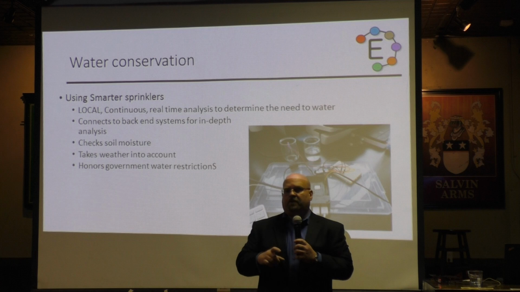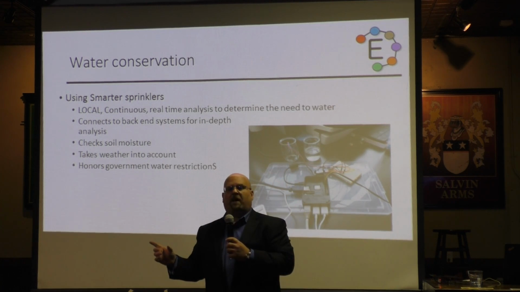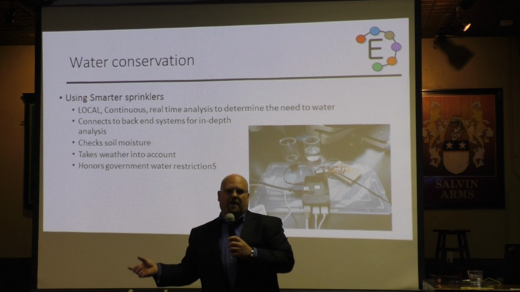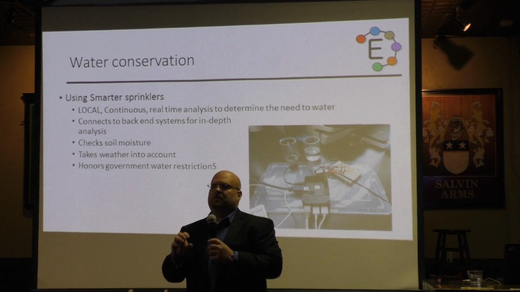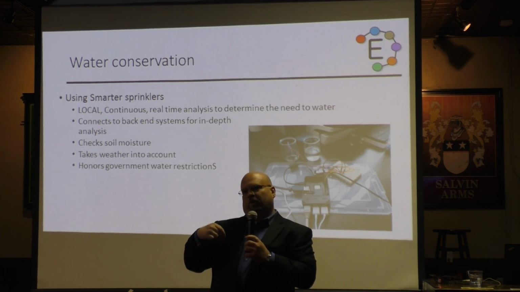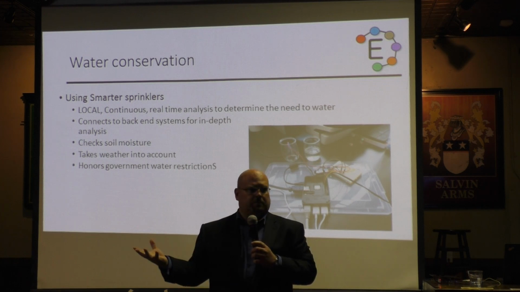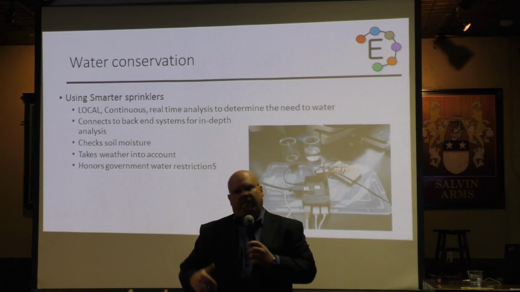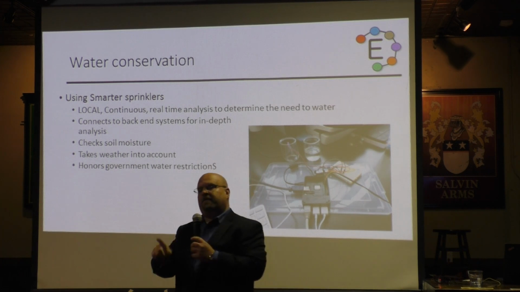We're under restrictions. I know any homeowners in here have to deal with the local municipality and their rules about you can do it between these hours and those hours. What if you could automate that system in such a way that, based off the moisture in the ground, you could drive whether or not you need to water your grass? Let me add this to it.